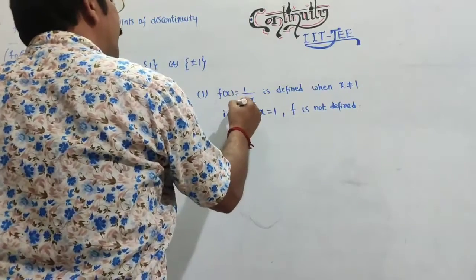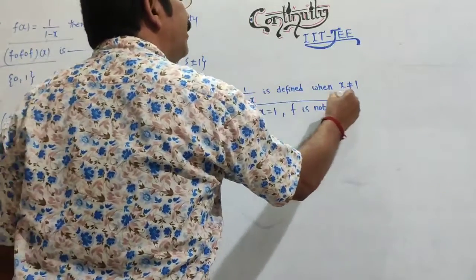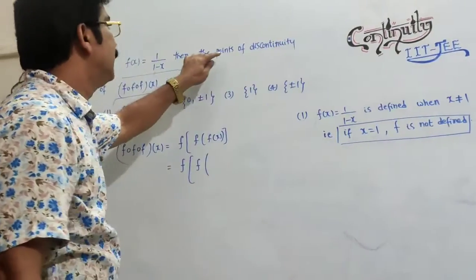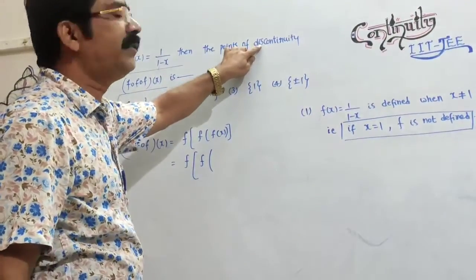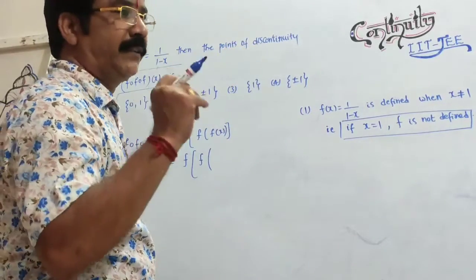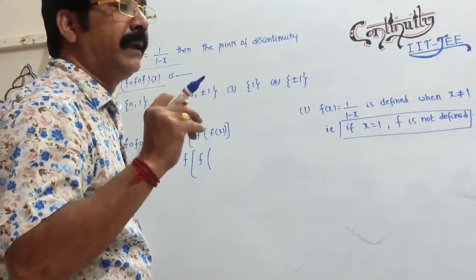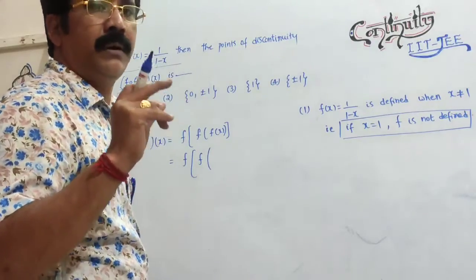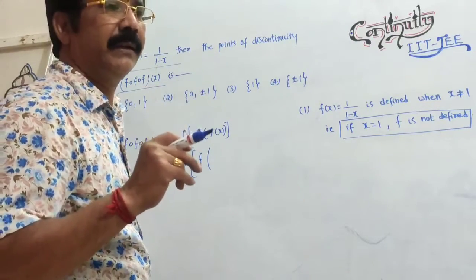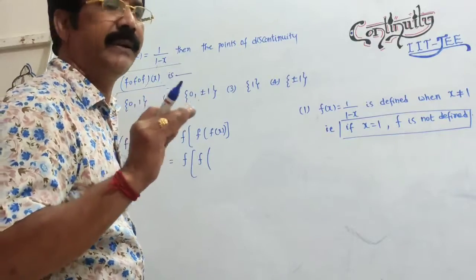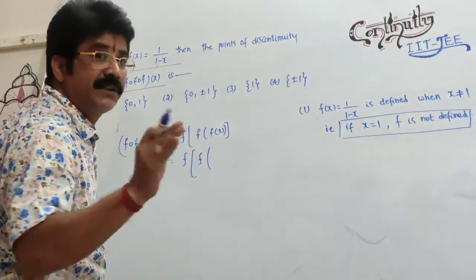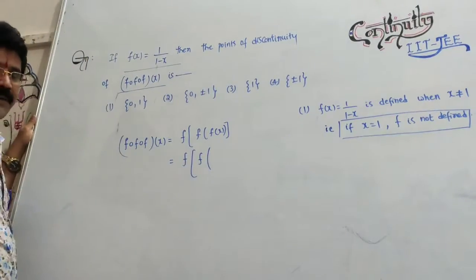Just we are going to find the values of x so that f is not defined, because the question is about points of discontinuity. For example, at x equal to a, if f of x is not defined, that itself is called a point of discontinuity. It is one kind of discontinuity, right? Already I said the kinds of discontinuity in the previous lesson.